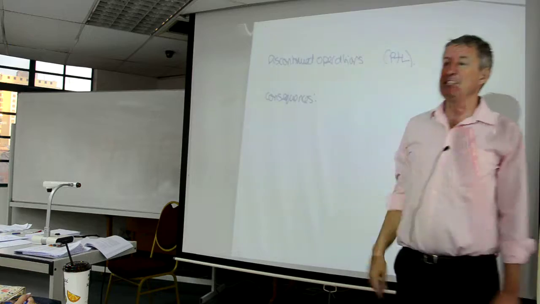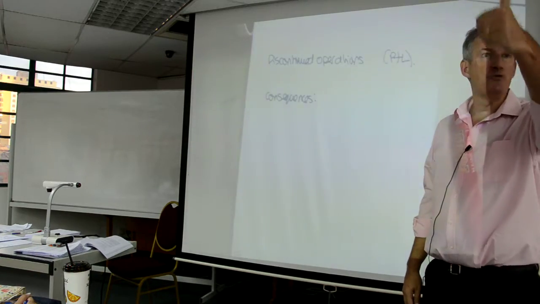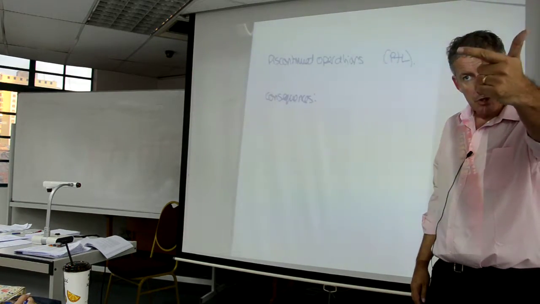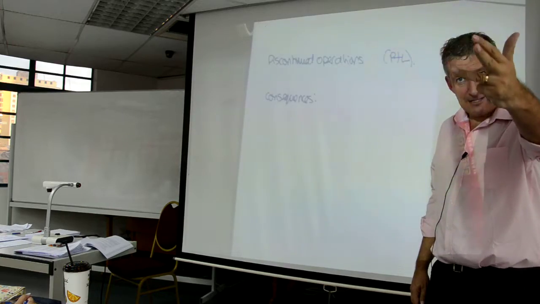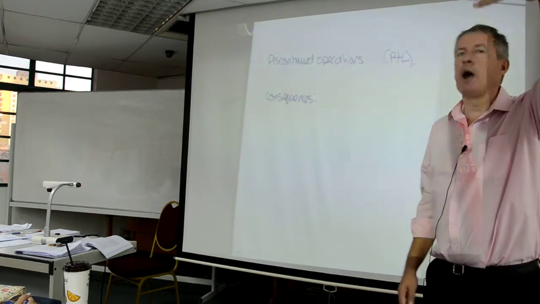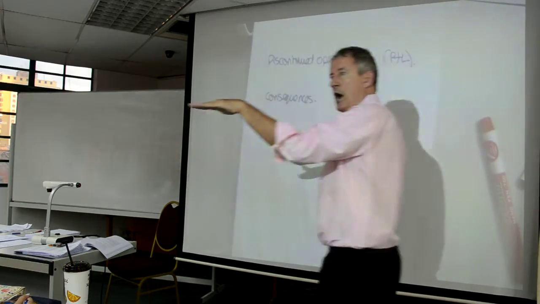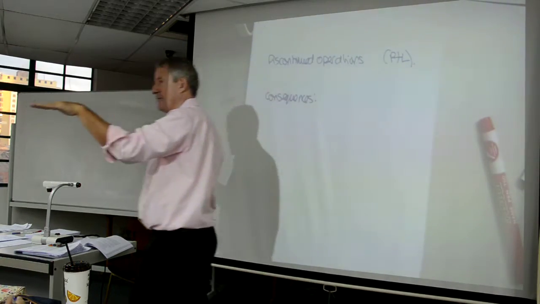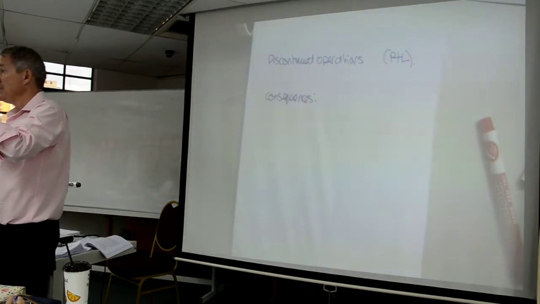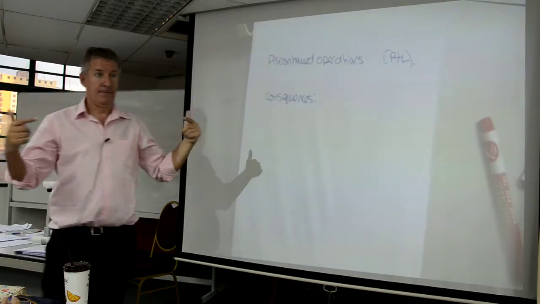So if we have a discontinued operation, no revenue, no costs, no interest, no tax, no profit, we must show the profit, so we bring the profit in as one line at the bottom of the P&L as a discontinued operation.